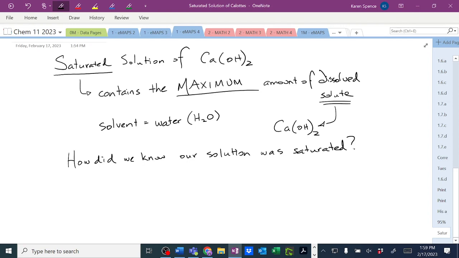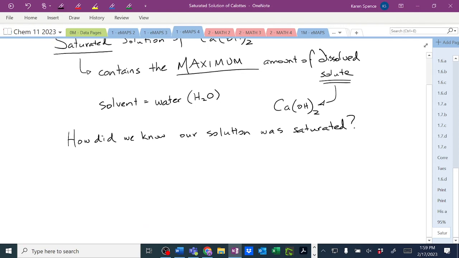So we know it was saturated because even though we heated it and stirred it, both things which will make more dissolve if it's dissolvable, some of the solid remained undissolved.